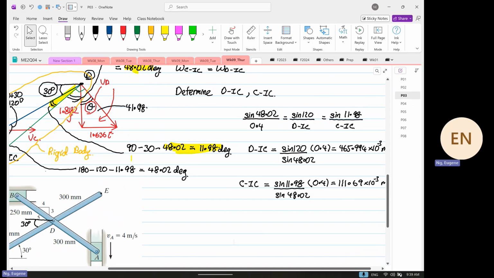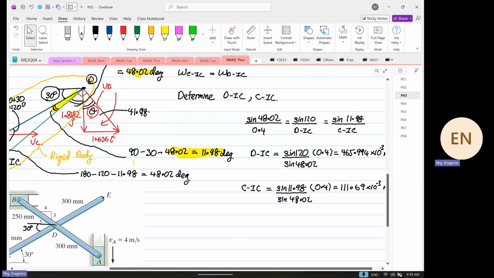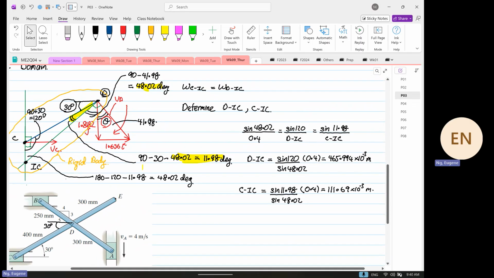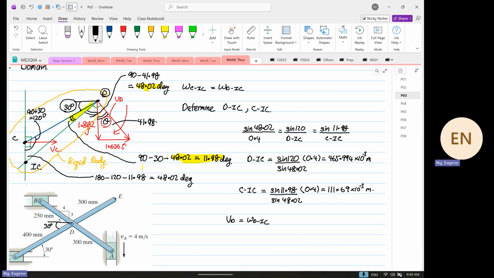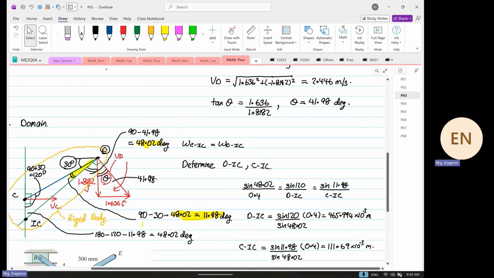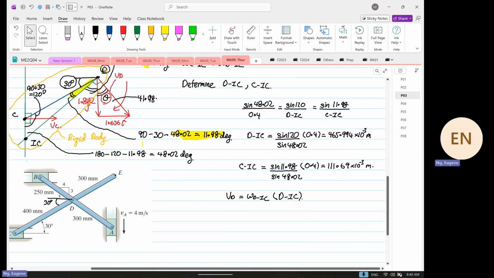So from here, we know that VD, let me zoom it out, VD is equal to omega DIC multiplied by the distance from D to IC. We know our VD is equal to 2.446.